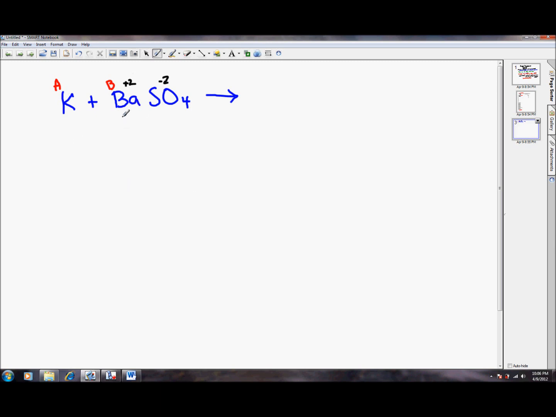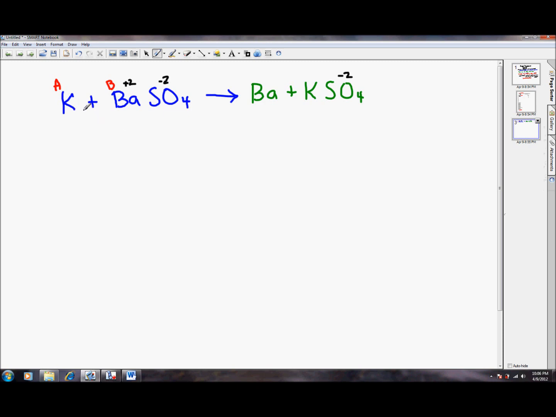Ba will now be alone, and K will take this position and bond with SO4. The SO4 is still -2, and now the potassium is an ion. If you look that up on the periodic table, when potassium is an ion, it's +1, meaning that the formula is K2SO4.